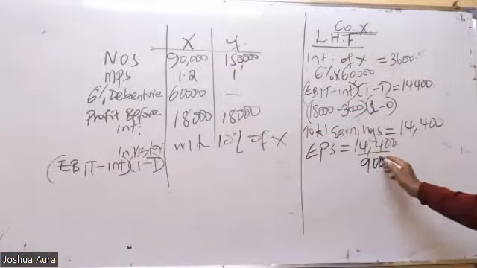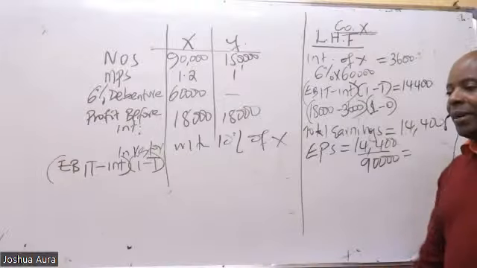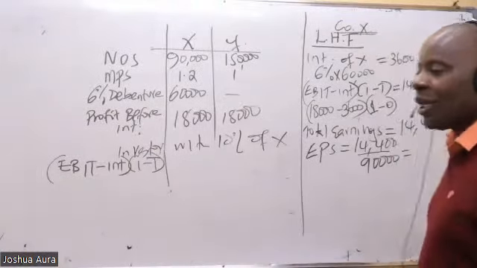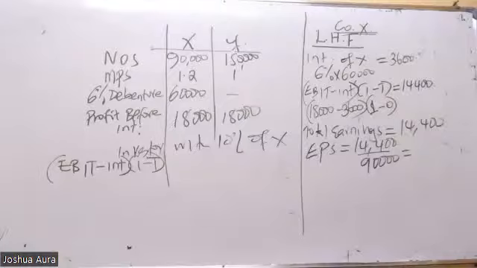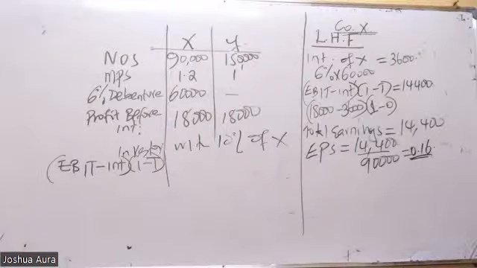So we have 90,000. Could you kindly give me this earnings per share? How much are we getting here? We have 0.16.